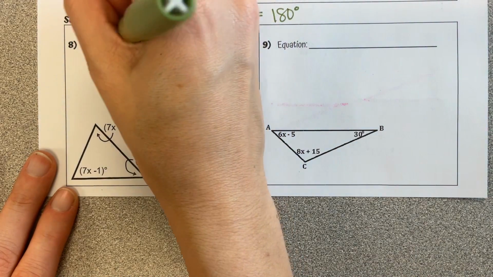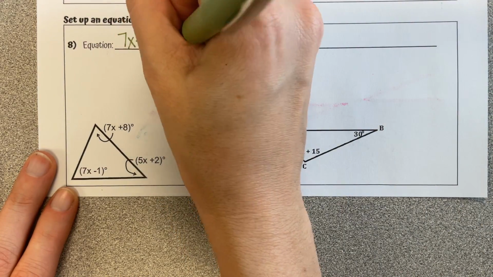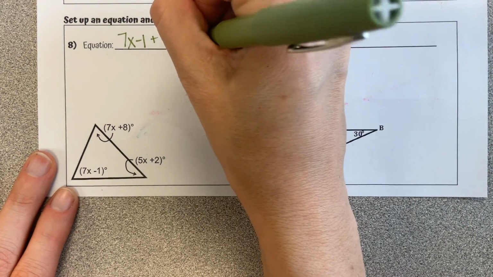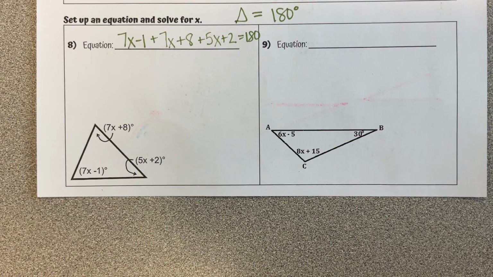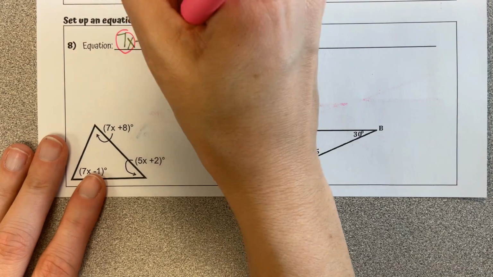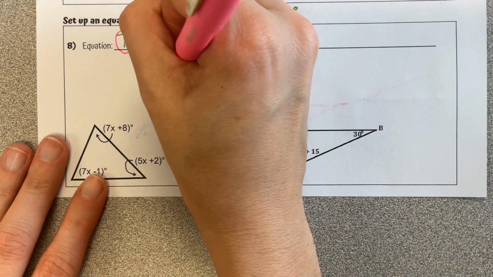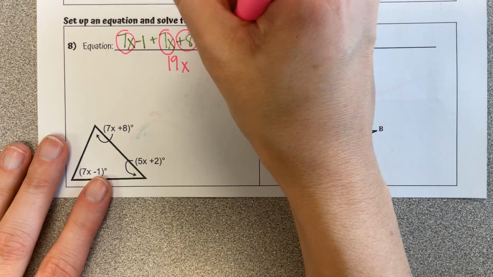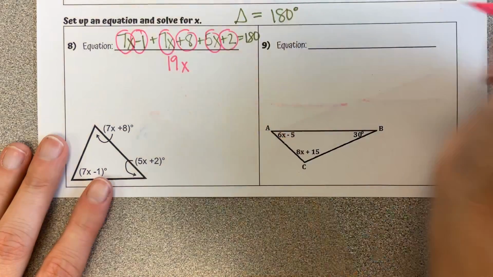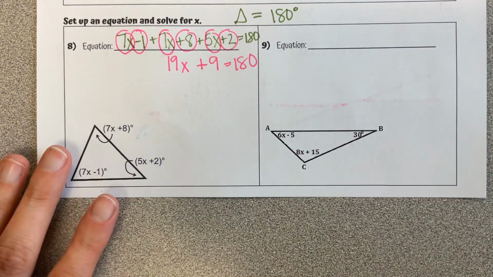So we can write 7x minus 1 is the first angle, plus 7x plus 8 is the second angle, plus 5x plus 2 is the third angle, equals 180. And then simplify. We have 7 x's, another 7 is 14, another 5 is 19 x's. And we have positive 8 and positive 2, which is 10, minus 1 is 9, is equal to 180.